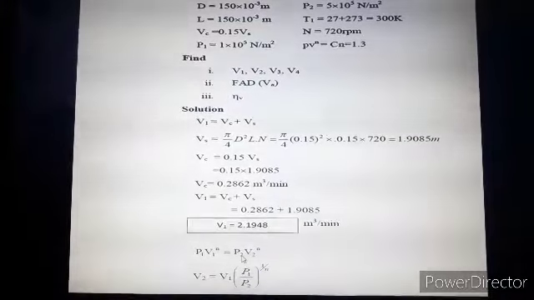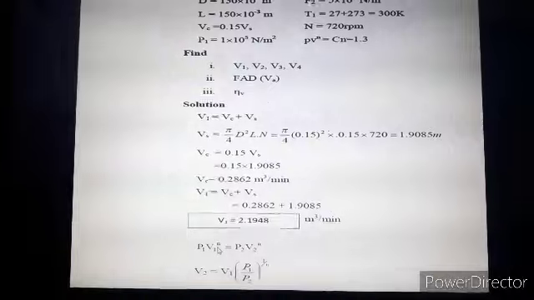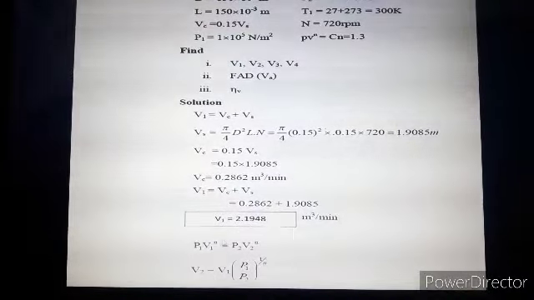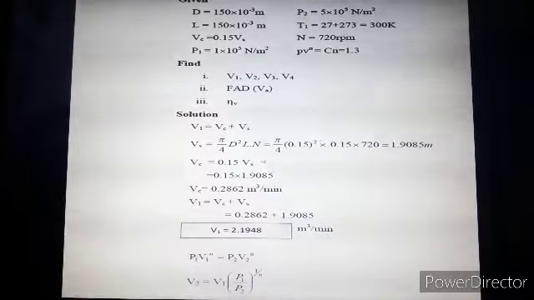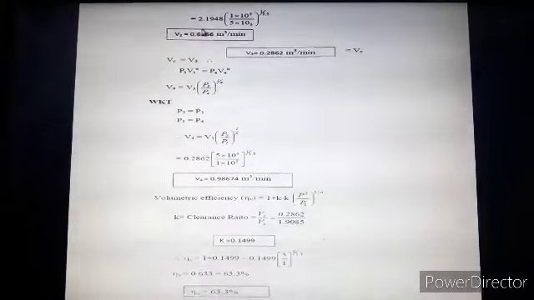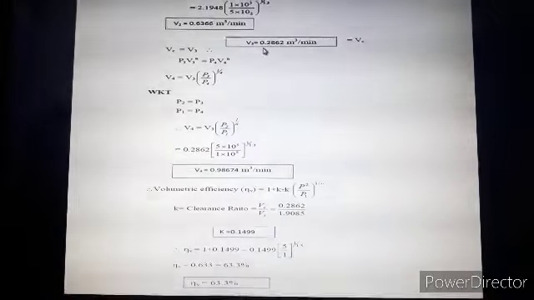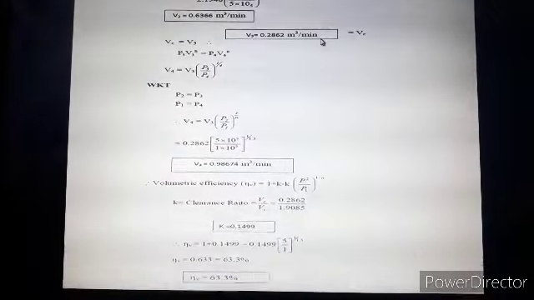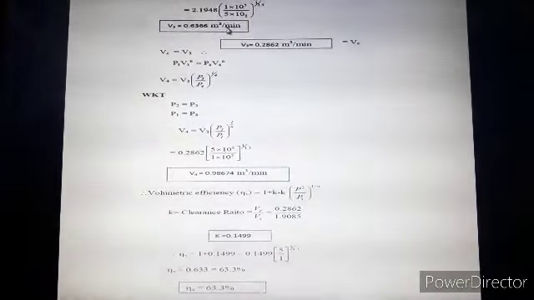So substitute the values of P2, P1 and V1, and the polytropic index small n, 1.3. From that we can find the value of V2. When you substitute, V2 is 0.6366 meter cube per minute.